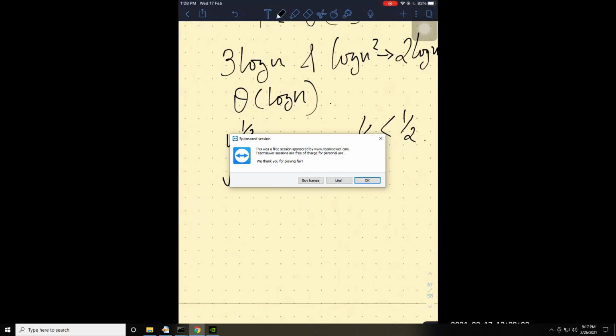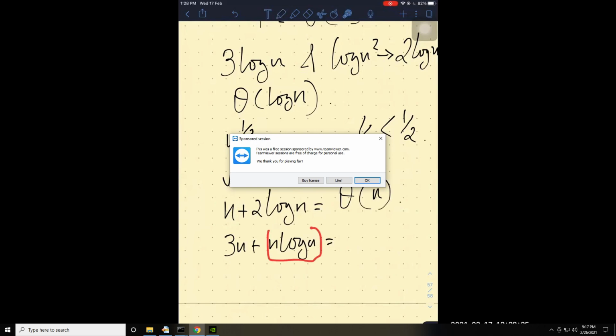Then we get n plus 2 log n. It will have runtime of theta of n because n is the highest degree term in this equation. And then we have 3n plus n log n. Here, n log n is the highest degree term, as it will go faster than the 3n as n increases.